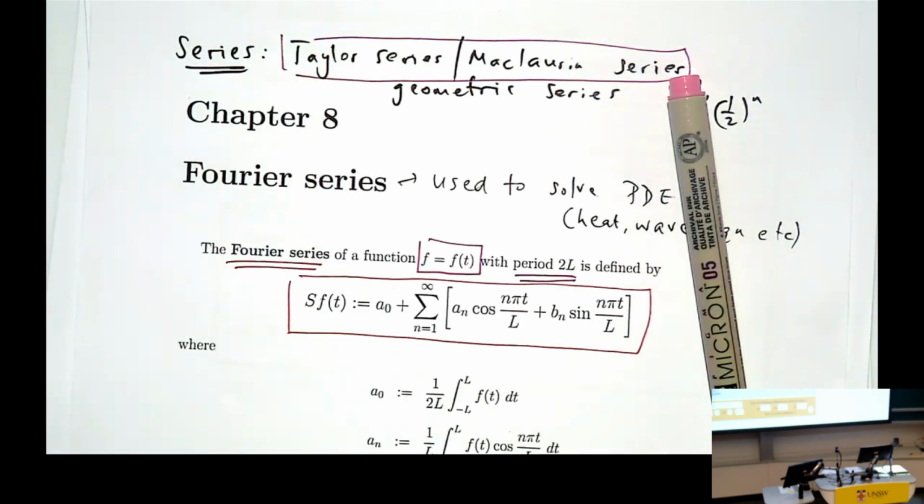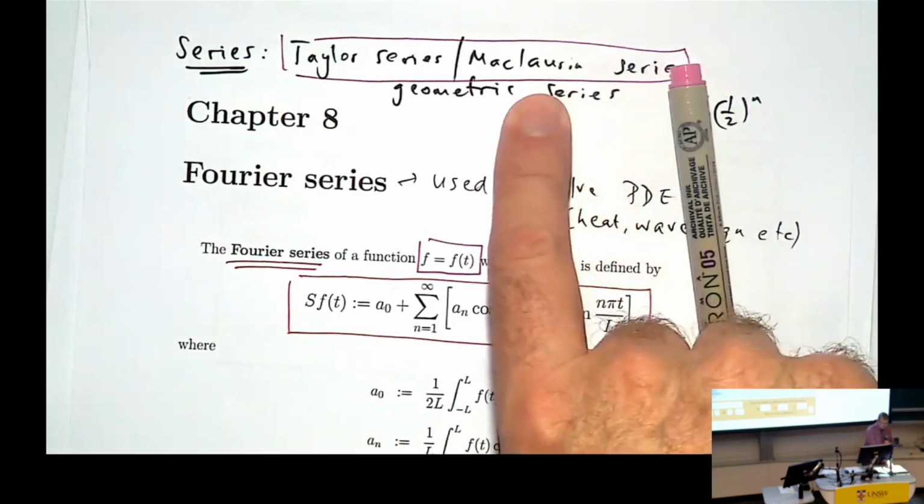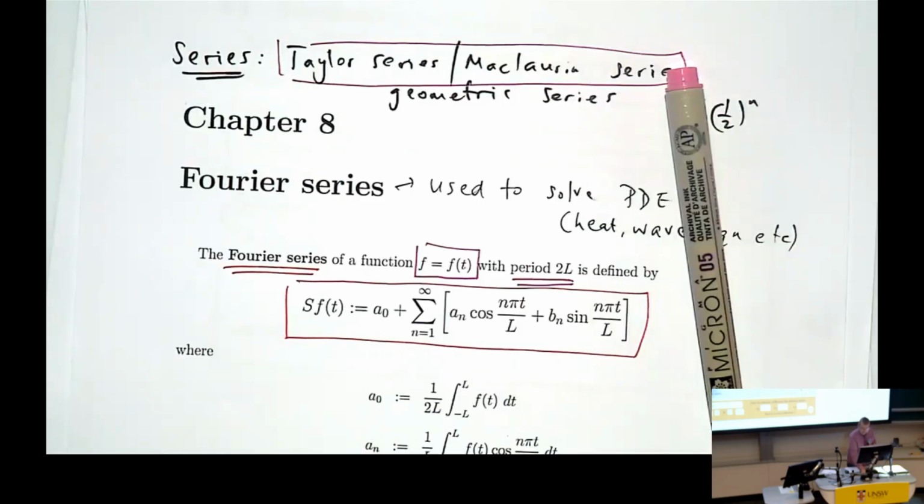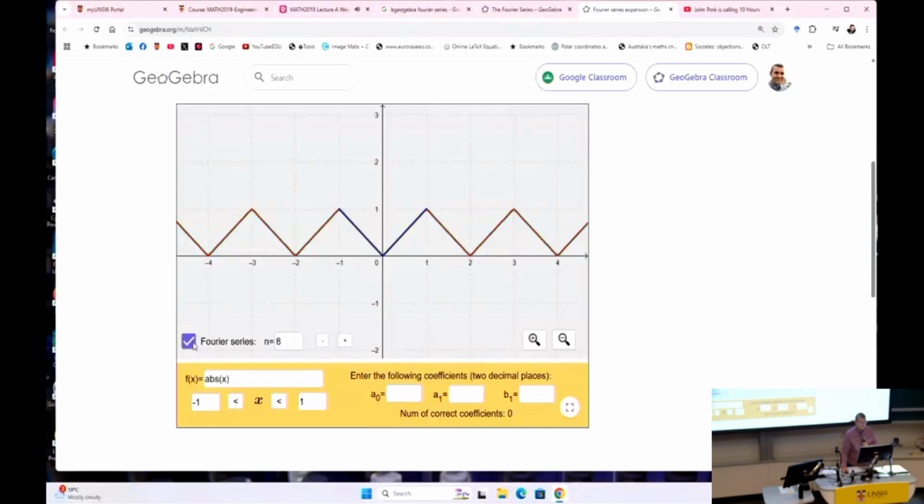Okay? So let's go back to our Fourier series. What can Fourier series do that Maclaurin series cannot do? Okay, check it out. Is that approximation only near one point, or is it everywhere? It's everywhere. So this is one thing that these Fourier series can do that the stuff that you learn at school and first year cannot do.